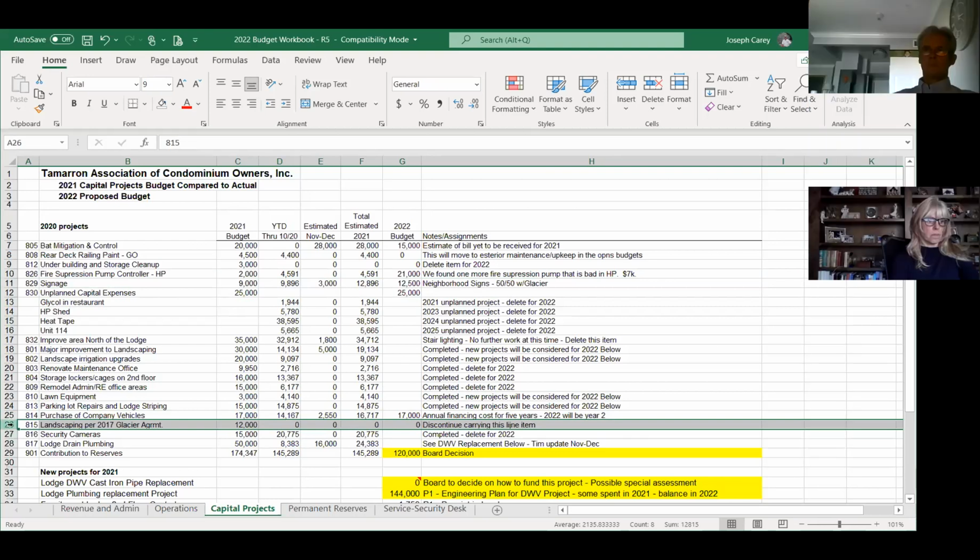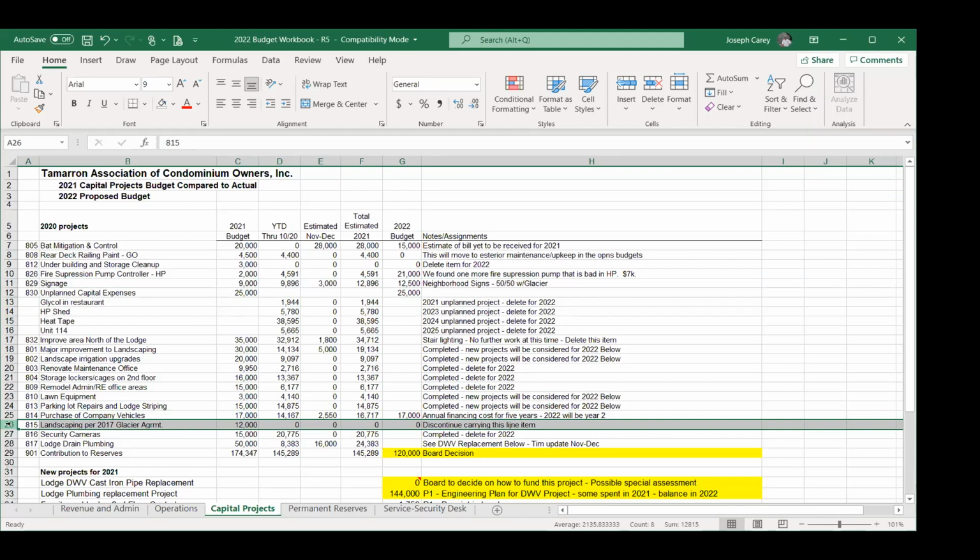This is something that goes back to the 2017 agreement with Glacier, where we gave up the lease on the pool and fitness area and got the golf club membership and golf access back again. And included in there was some agreement to enhance the landscaped areas at the entrance way to the lodge.